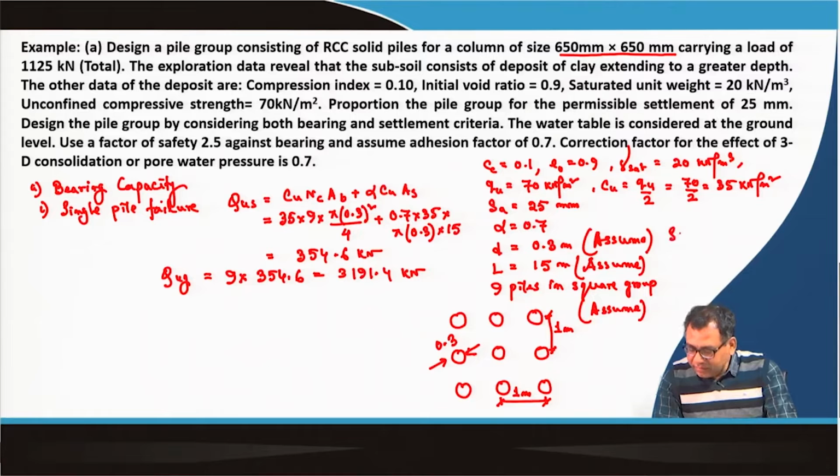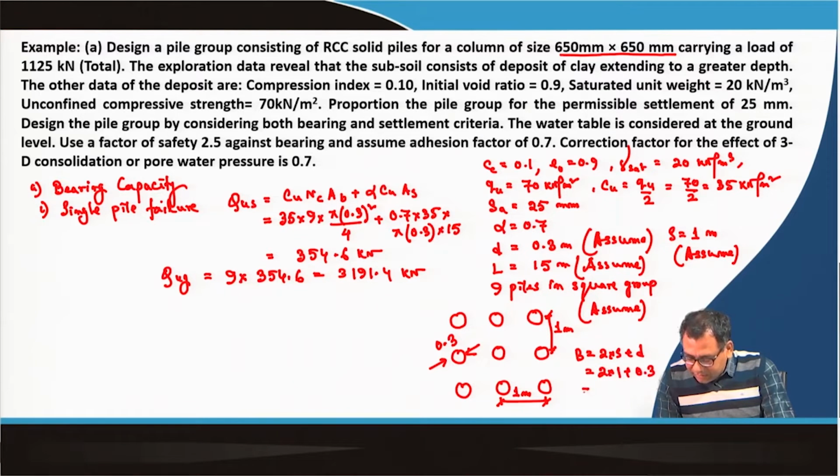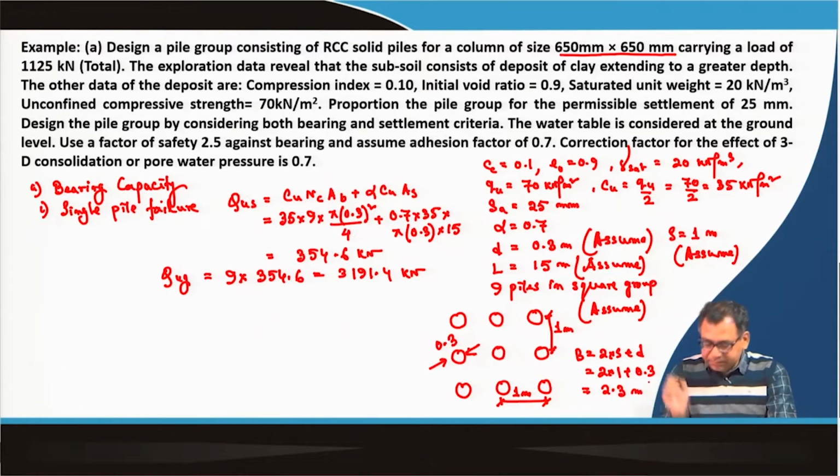The spacing between the piles is also assumed for the first trial. So the B value will be 2 into S plus D, so 2 into 1 plus 0.3, where the diameter of the pile is 0.3. So this will be 2.3 meter, because the spacing is 1 meter.